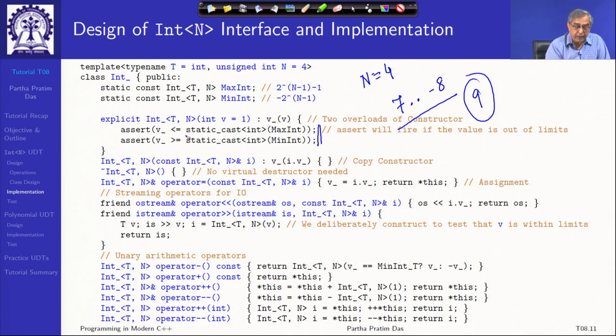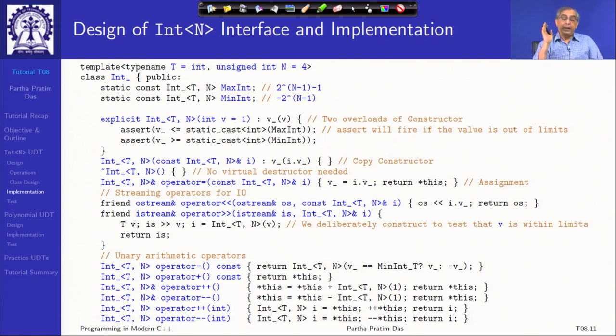So, I would like to give an assert in doing that. My assert says that it has to be less than max int and it has to be more than min int, otherwise the system will fail. I do not want to throw an exception here, because it is not at all a good practice to throw an exception from a constructor, because then you do not know really what is happening with that constructed object, because this object is ill constructed.